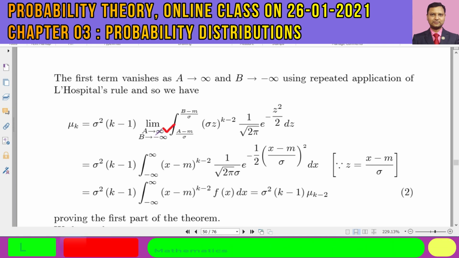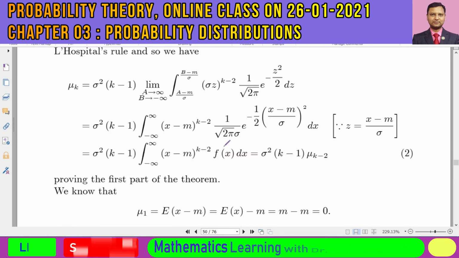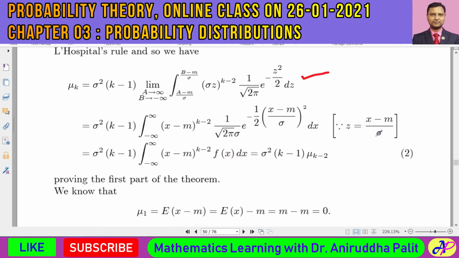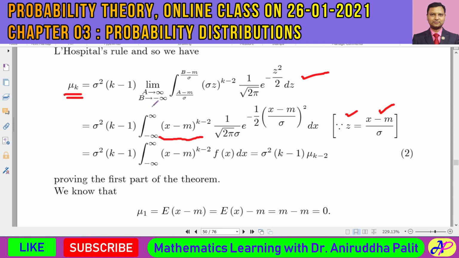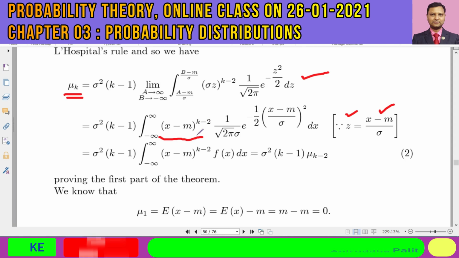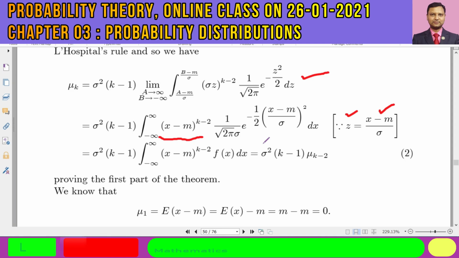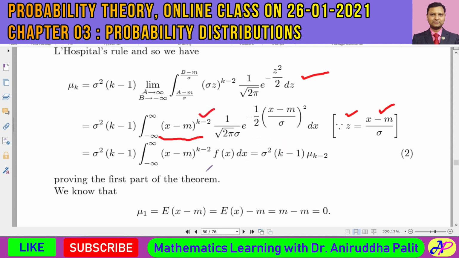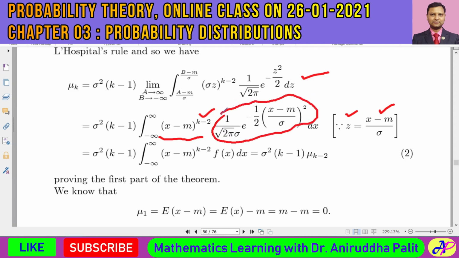After taking the limit a tending to minus infinity and b tending to plus infinity, we try to express this expression in terms of x, just by putting z equal to (x minus m) by sigma. What we observe is that we have (x minus m) to the power of k minus 2. We started with mu k, so initially we had (x minus m) to the power of k in the first line, but now we have (x minus m) to the power of k minus 2, multiplied by the density function of the normal (m, sigma) variate.